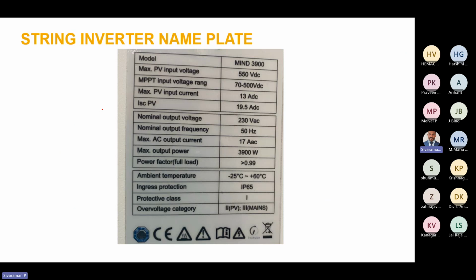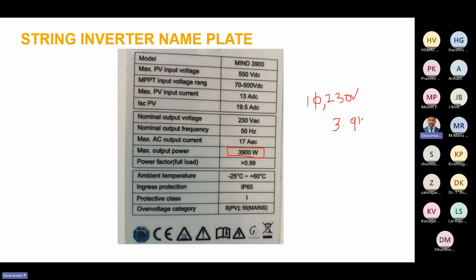So moving further, this is the nameplate rating of one string inverter, single phase 230 volt. Its power rating is 3.9 kilowatt. So this is the rating of this inverter.